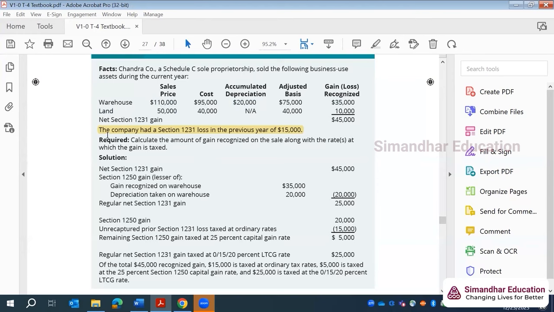Assume that this is not there. There is no recapture. If I simply change the warehouse sale price to $85,000.